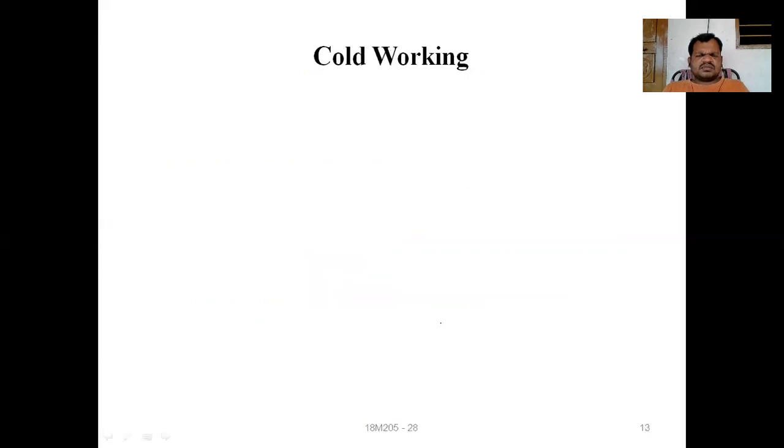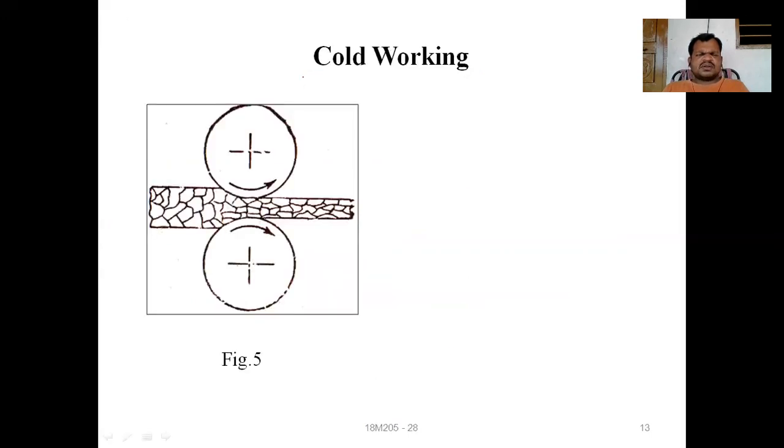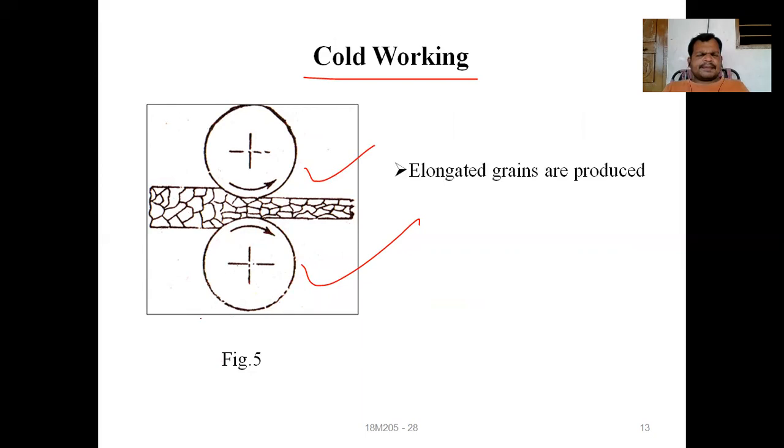Next, the working of the cold working process. Here we have two rollers, one of which is fixed. This is the work, the object, meaning the raw material we are taking, and elongated grains are produced.